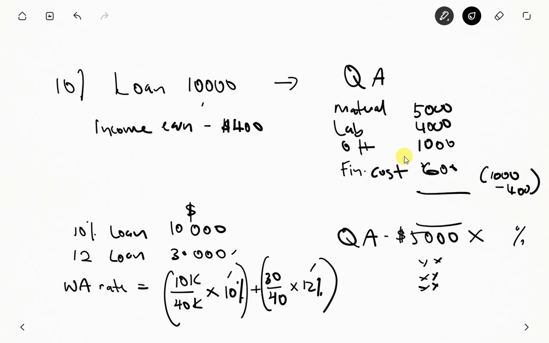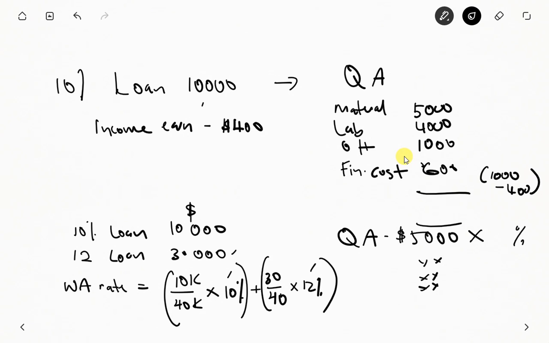It's not because of the price of the loan. It is because out of the 40,000, 30,000 actually relates to 12%. So we give more weightage to 12. You notice here 3 over 4 compared to 1 over 4. 3 over 4 is higher weightage.